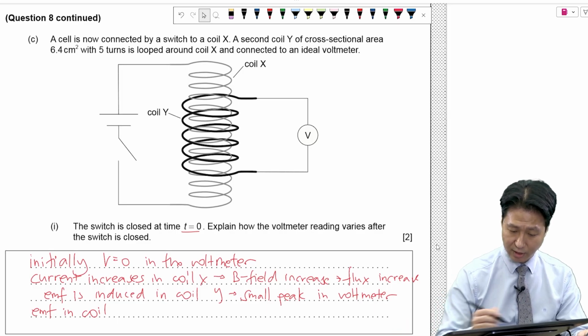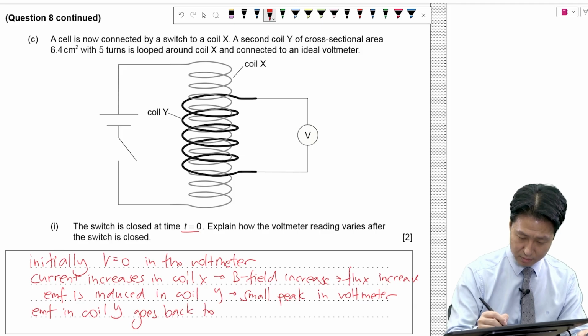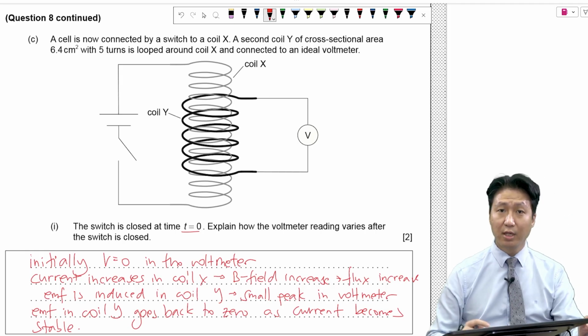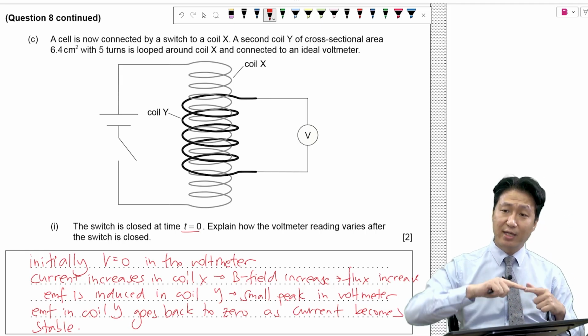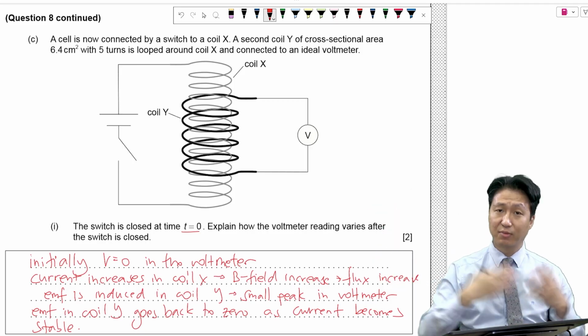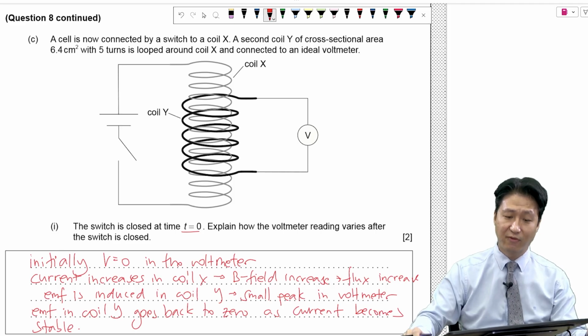Actually, the second coil is coil Y. Coil Y, yeah. So the EMF is only produced as the current changes. Once the current reaches its constant value, then it will stop changing. There's no longer going to be any more induced EMF.